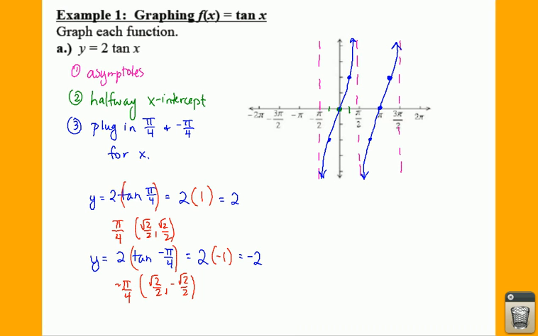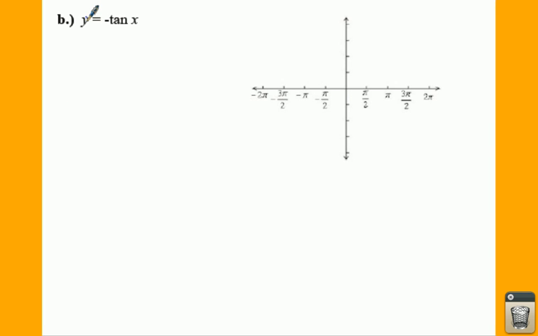So let's look at maybe 1b. Oh god, negative tangent of x. Well, negative just means you reflect over the x-axis. So if you reflect over the x-axis, we're still going to have your asymptotes in the same spots.